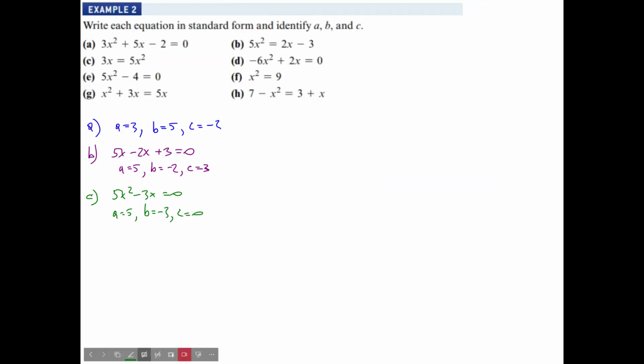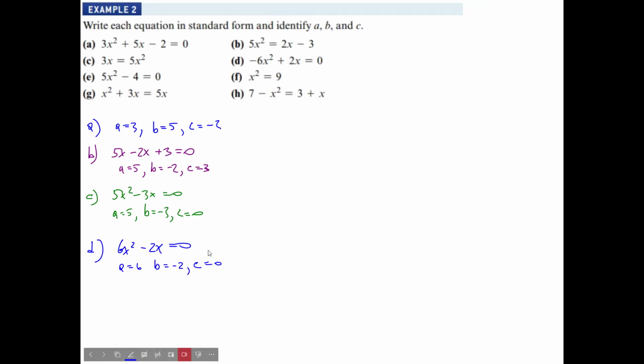Yes? Okay. D. So I need to multiply by minus 1, so 6x squared minus 2x is 0. So a is 6, b is minus 2, c is 0.